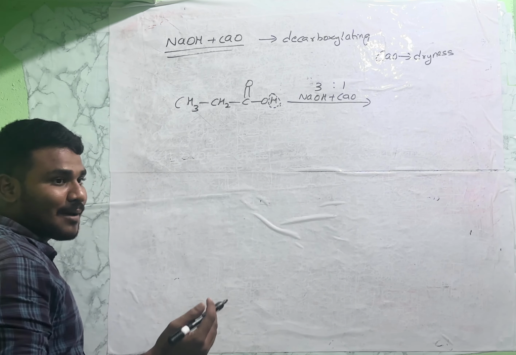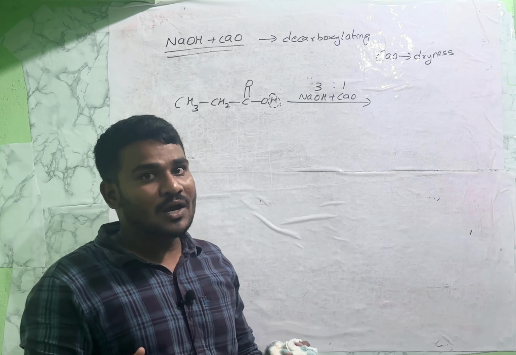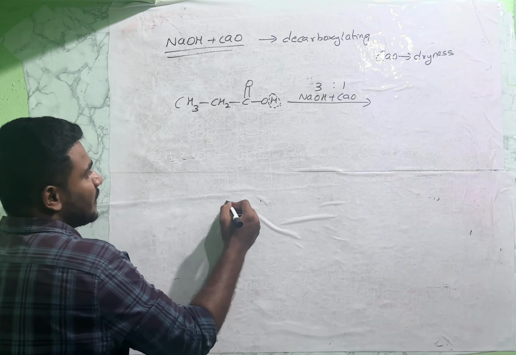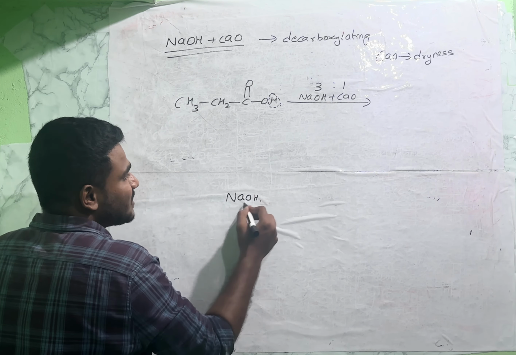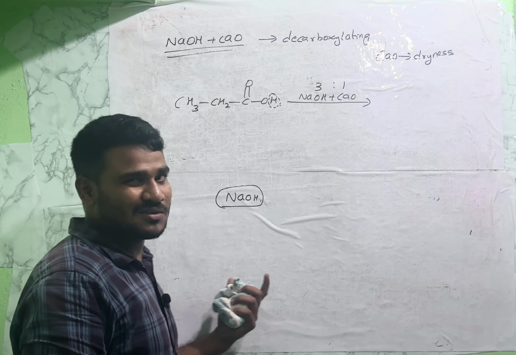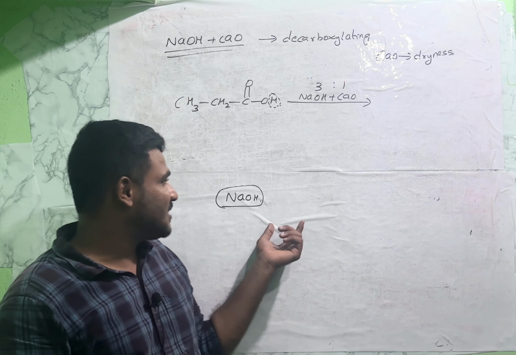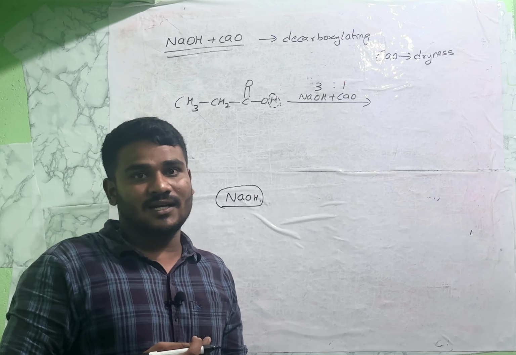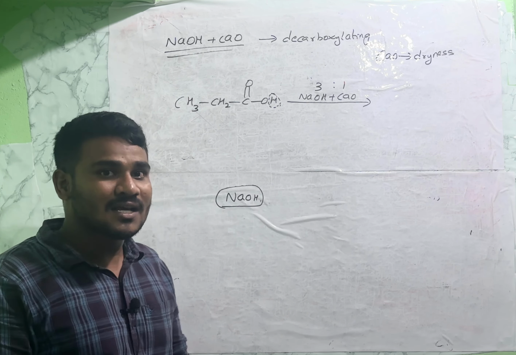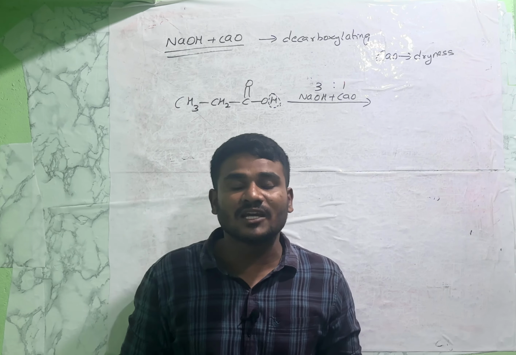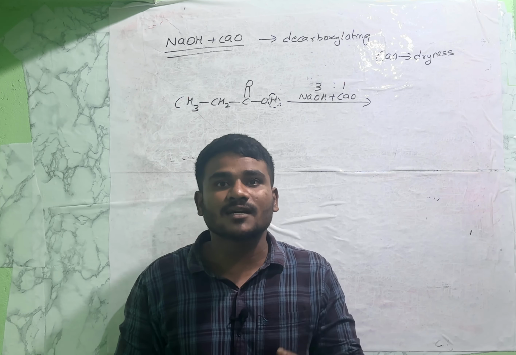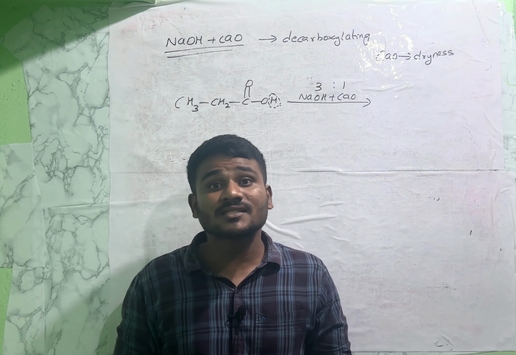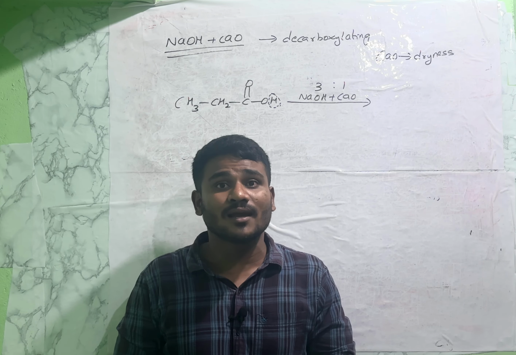If you see in lab, I think in our chemistry labs you have seen the NaOH reagent bottle. Everyone has seen, right? Some white pellets are there. If you take these pellets outside from the reagent bottle, what happens? Immediately it starts liquefying.